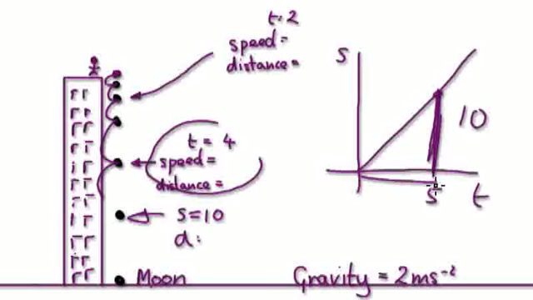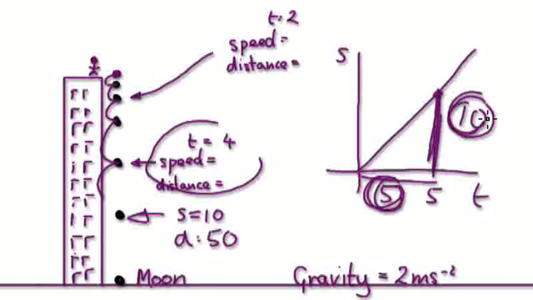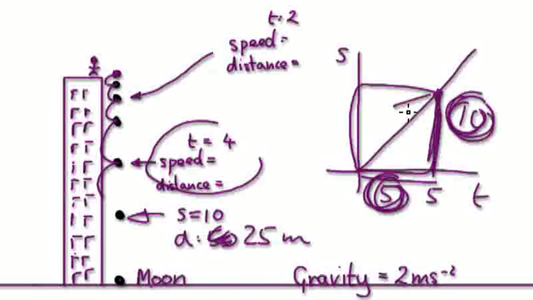Basically get 5 times 10, and then divided by 2. Sorry, 5 times this and then divided by 2, so it will be 25. So the distance traveled will be 25 meters. This times this will give you the whole rectangle, and then divided by 2 it will be 25.